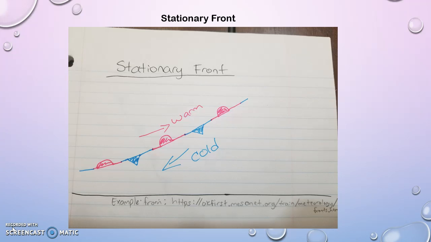However, there are times where if there's a lot of water vapor, the warm air mass can cause a significant amount of rain or freezing rain to occur. And also, with this type of front, the winds on either side of the stationary front are often parallel to the front itself.